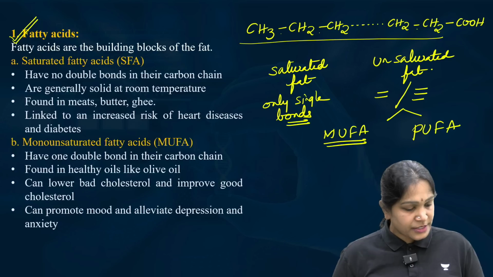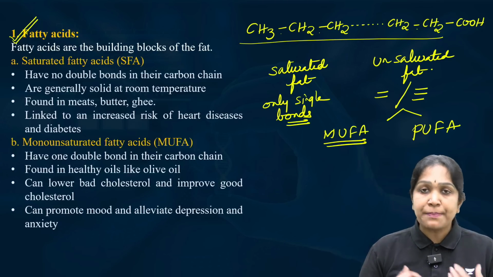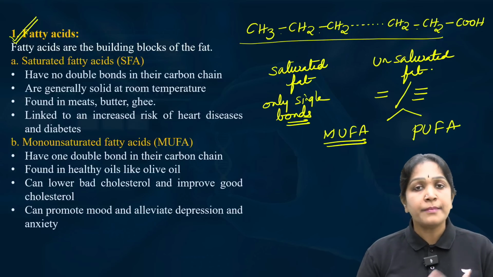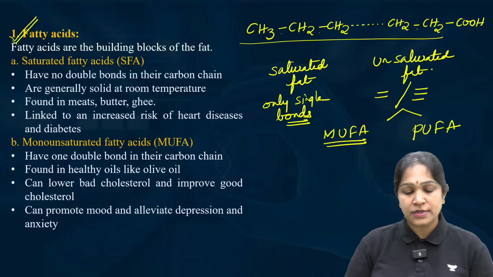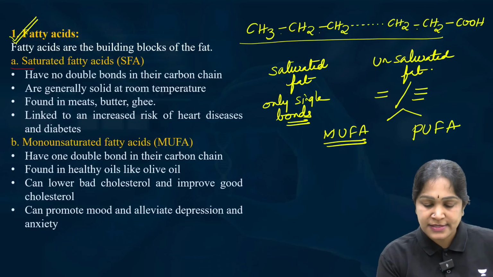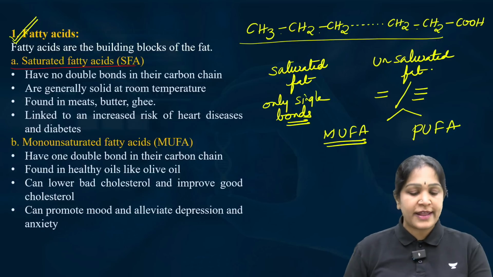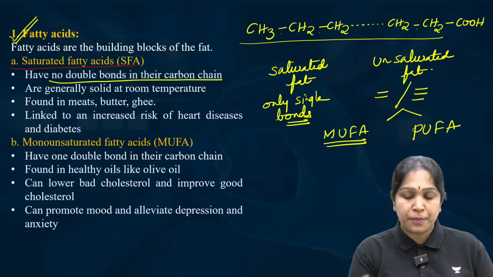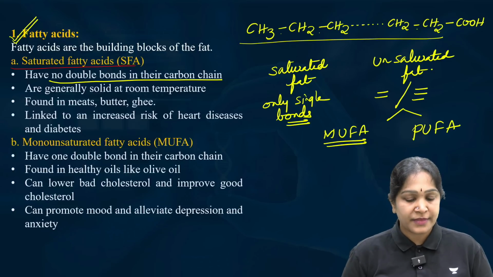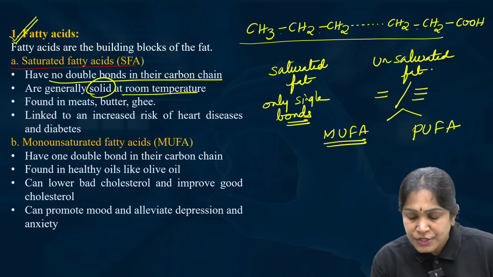Okay, right. Now let us try to understand the health benefits or the harm due to these three types of fatty acids. Firstly, about the saturated fatty acids. As we have already understood, they do not have double bonds or triple bonds in their carbon chain, and they are generally solid at room temperature.